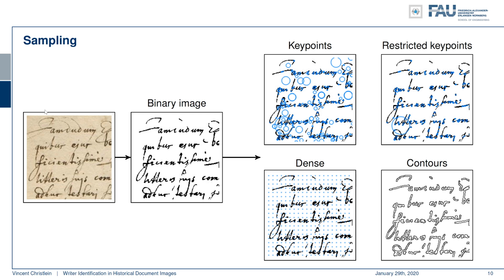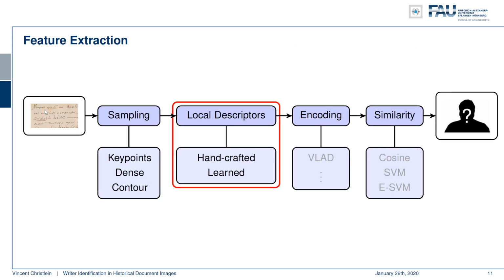You can sample densely, or sample densely at the contours. If you have a binary image, it's quite easy to extract the contours as well. And for the local descriptors, we have already talked about SIFT descriptors, which I will also use later, but I don't have a visualization here.